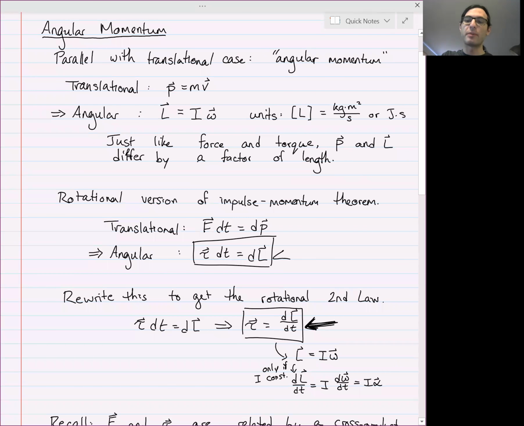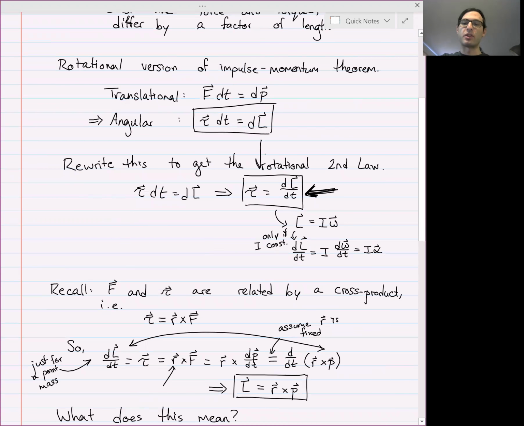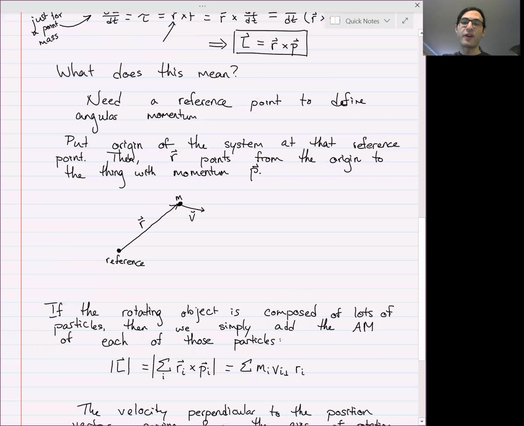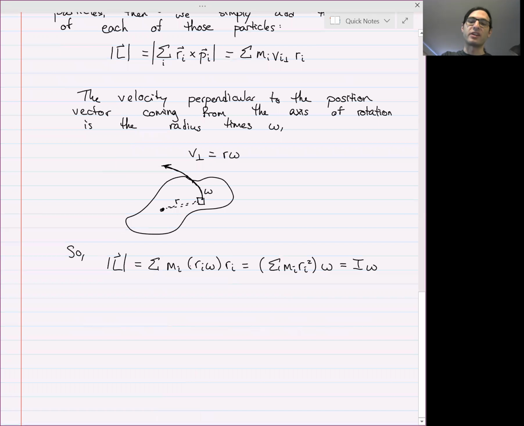As long as the angular version of the impulse momentum theorem is correct, we use that to get the angular second law, and then we used that angular second law and the fact that torque is r cross F to get L equals r cross p, and so on. The fact that there is an angular impulse momentum theorem indicates that we were correct, that indeed angular momentum is just I times omega. That was a correct move to make.